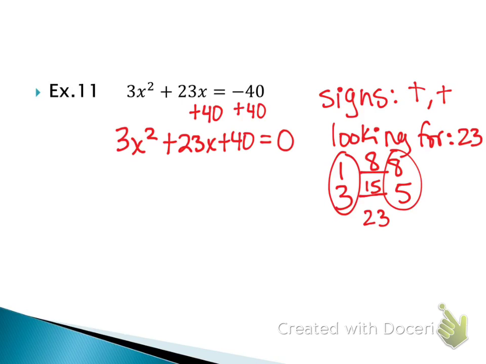So then we go to actually write our factored answer. May, what's going in the front of my parentheses? Good. 1x and a 3x. Lexi, what's going in the backs?